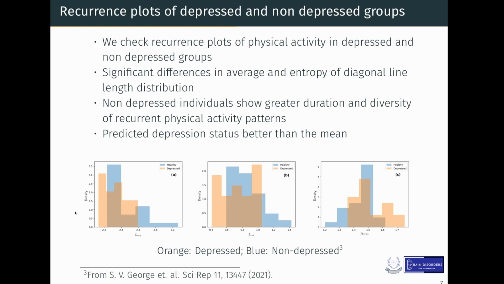So essentially, if you just measure how much a person moves a day, that does not seem to be as effective in finding out if a person is depressed or not, as if you look at slightly more complex measures in terms of the recurrence plot. And that's a takeaway that I want you to take from this particular bit. If you're interested in more details, this bit has been published earlier this year and that's the reference below.